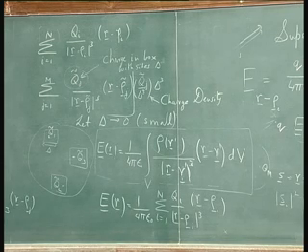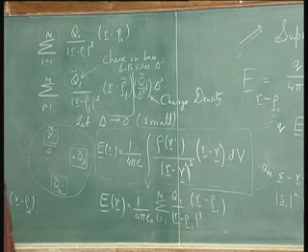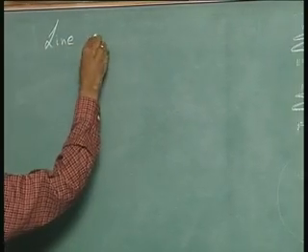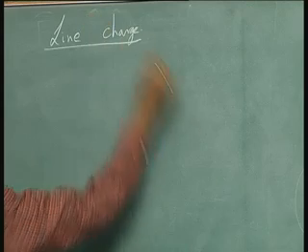Now, in order to fix this in your mind, I am going to do a few problems. The first problem I will take up is that of a line charge. This is given in your book.